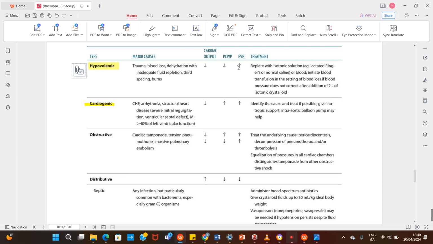Then lastly, there's another vital parameter that is not included, and that is the SVO2. The SVO2 is the mixed venous oxygen saturation. So the way I just want us to look at that, so that we don't get things complicated in our head, is to assume that once there's a drop in the cardiac output, your mixed venous oxygen saturation is going to drop because it is blood that carries oxygen.